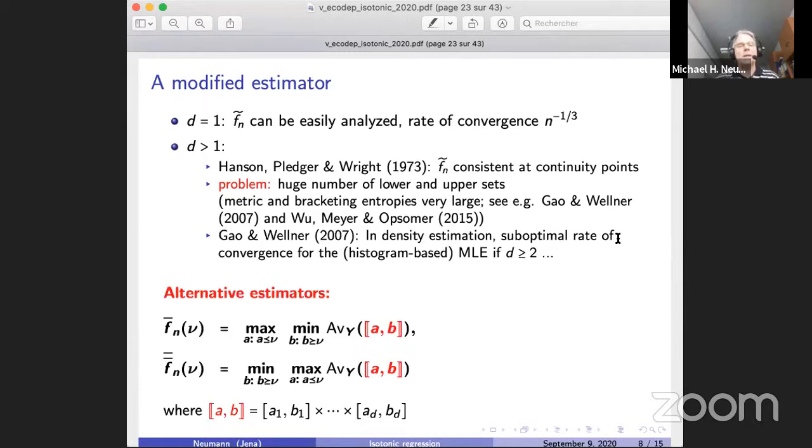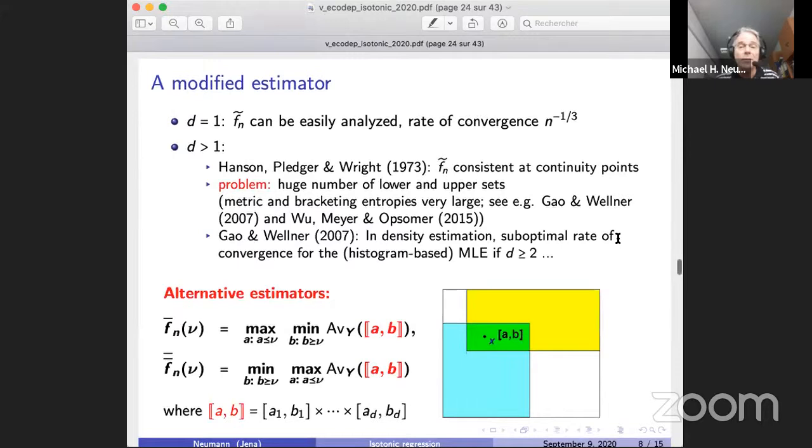So what is the modification of this classical estimator? Instead of arbitrary lower and upper sets, we consider only lower and upper sets of rectangular type. So next part of this slide, Paul, here.